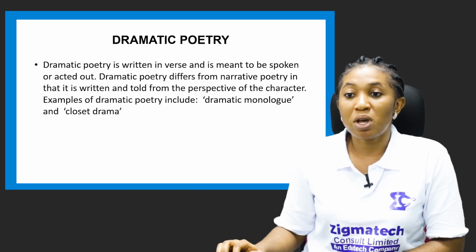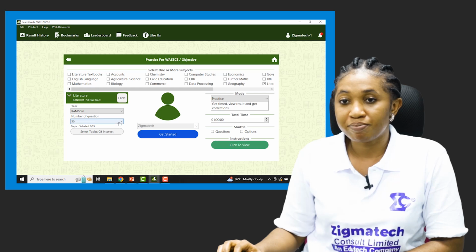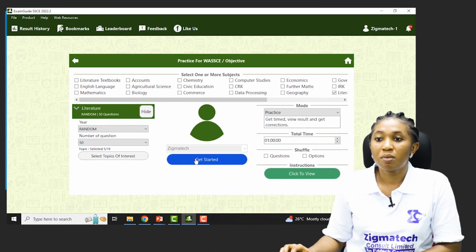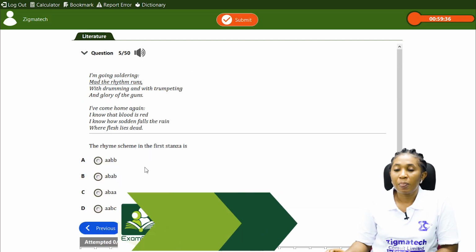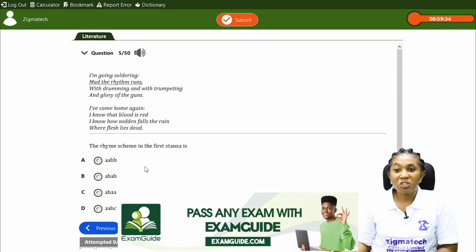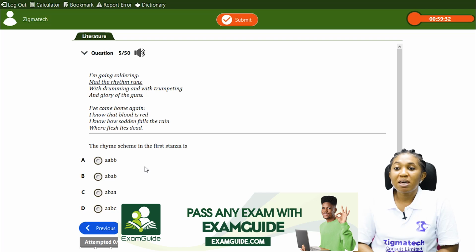Now let's look at some questions from the exam guide on the topic. Okay, let's look at this question. It says, the rhyme scheme in the first stanza is what? So we are going to read the poem.